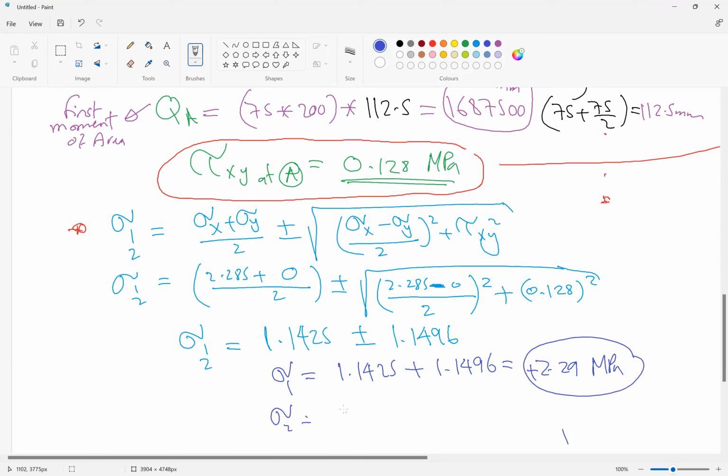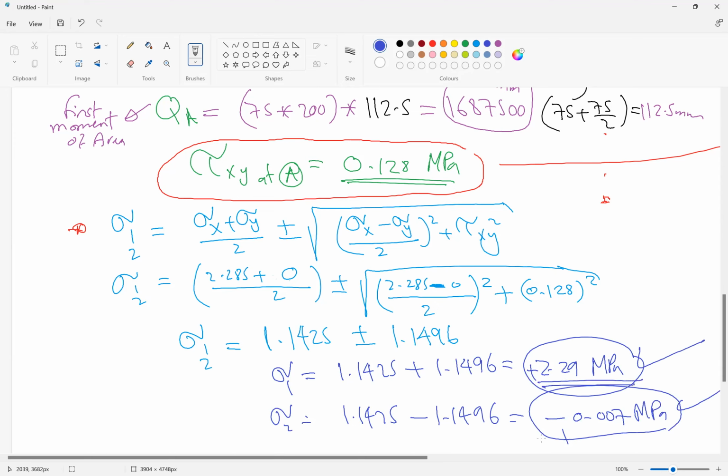Sigma 2 will be 1.1425 minus 1.1496, which is almost 0, negative 0.007 MPa. So this is the final answer, sigma 1 and sigma 2.